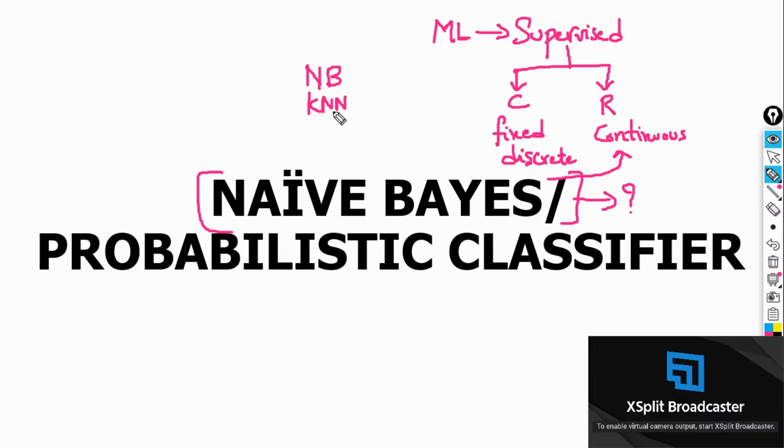Naive Bayes, KNN, decision tree. These three come under classification algorithms. But these three algorithms are called shallow techniques, which means they can also be used for regression tasks.